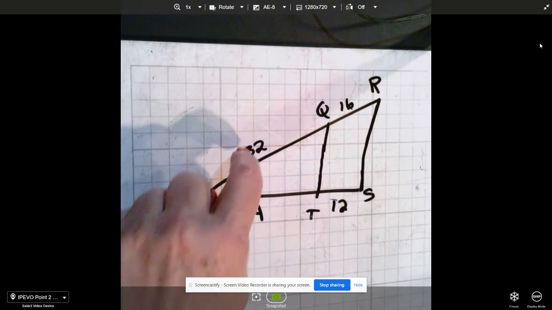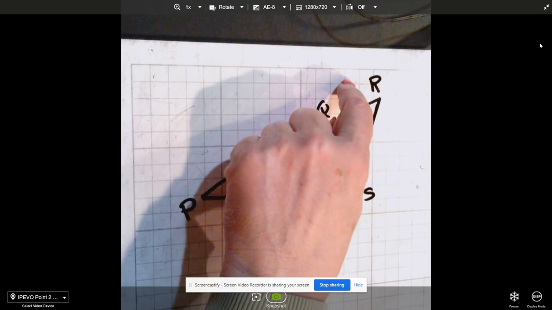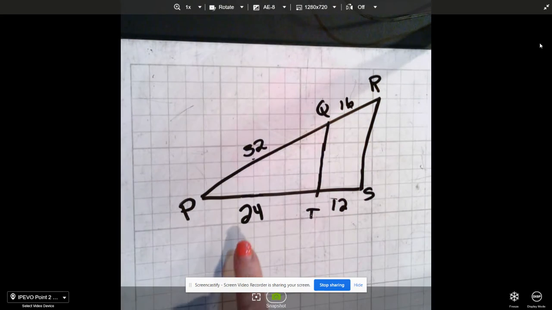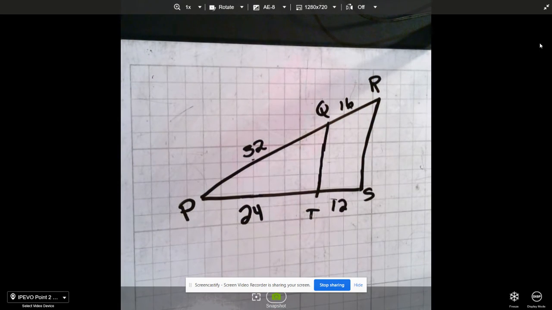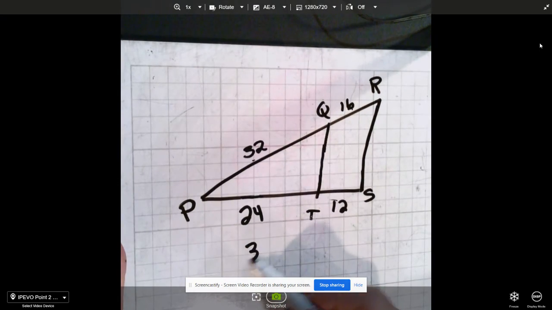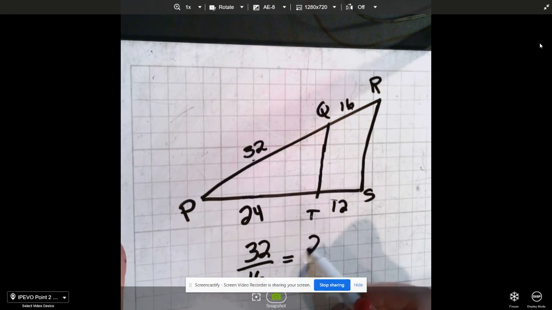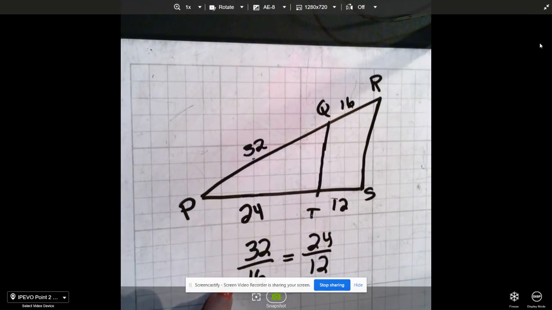But if you can prove that this to this is the same ratio as this to this, then you can prove that those two sides are parallel. So if you said 32 over 16 is the same as 24 over 12, if that relationship is true, then those lines must be parallel.